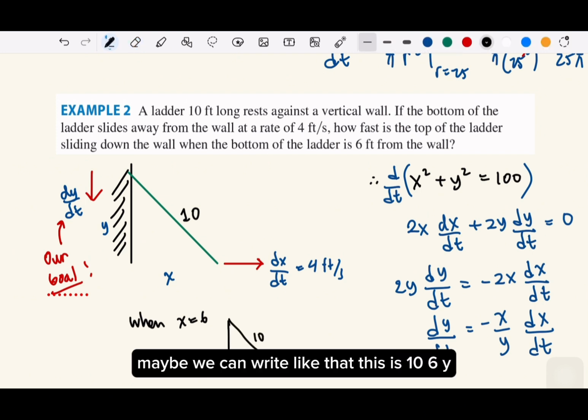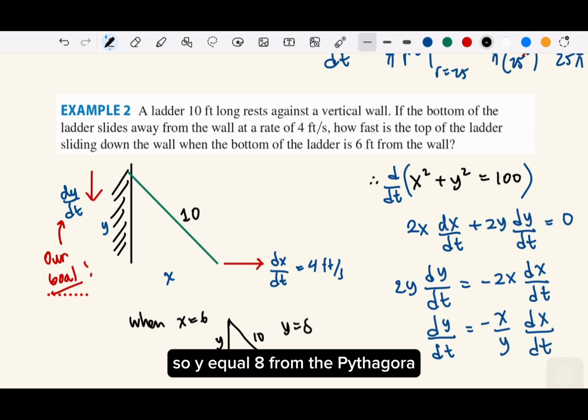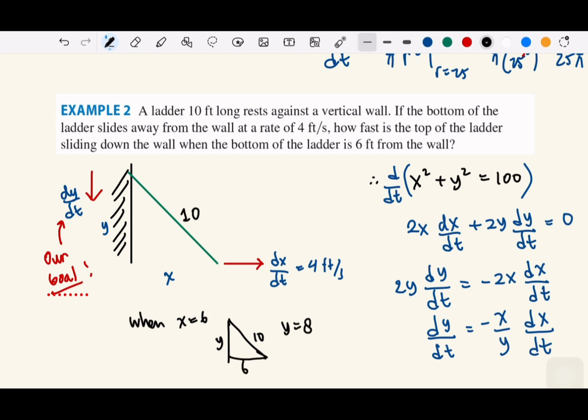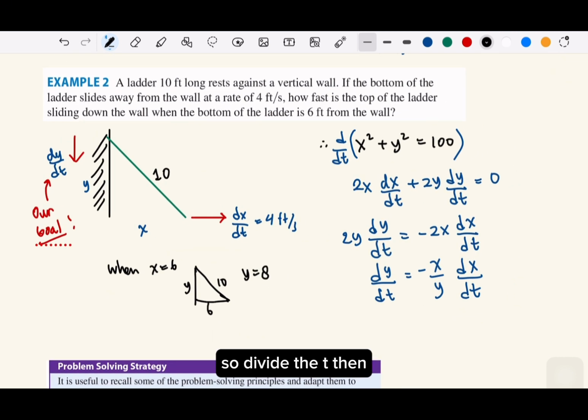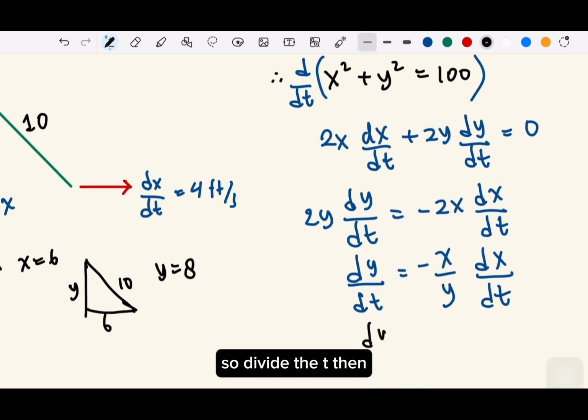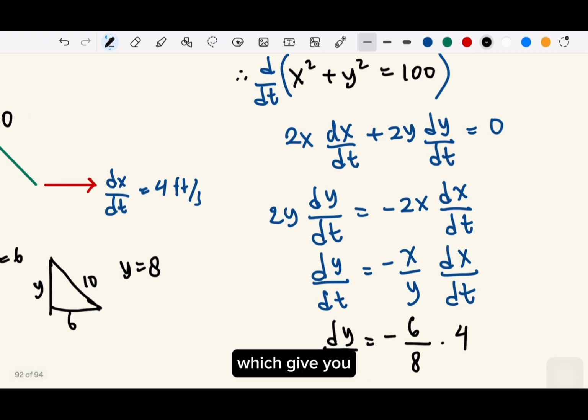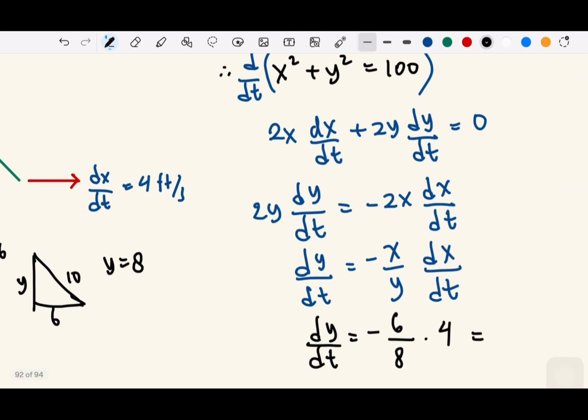This is 10, 6, y. So y equals 8, from the Pythagorean. So dy dt is going to be minus x is 6, y is 8, and dx dt is 4, which gives you 3 feet per second.